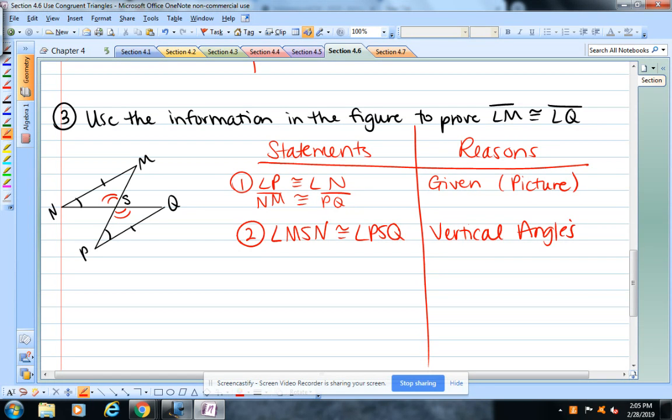All right. So, now what do I have? Can I say my triangles are congruent now? Do I have enough information? Do I have one of those 5 reasons on the board to say triangles are congruent? Which one?